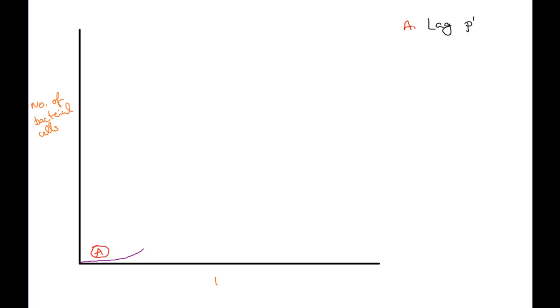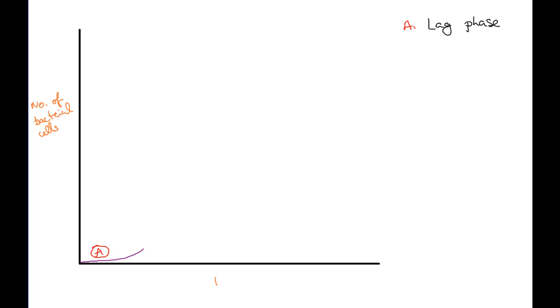The lag phase is characterized by cells that are only growing slowly, only dividing slowly, and the reason for this is that they're having to adapt to their new nutritional environment. So there's a delay, or a lag, as the genes necessary for the production of the enzymes they require to deal with the new food environment that they find themselves in are switched on.